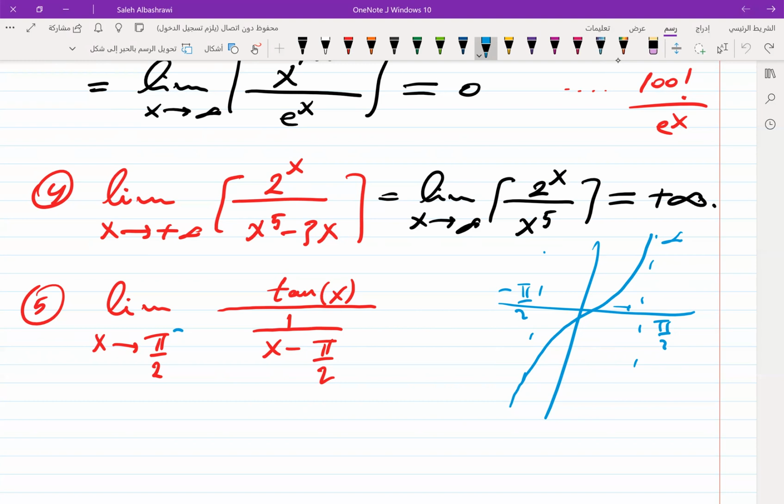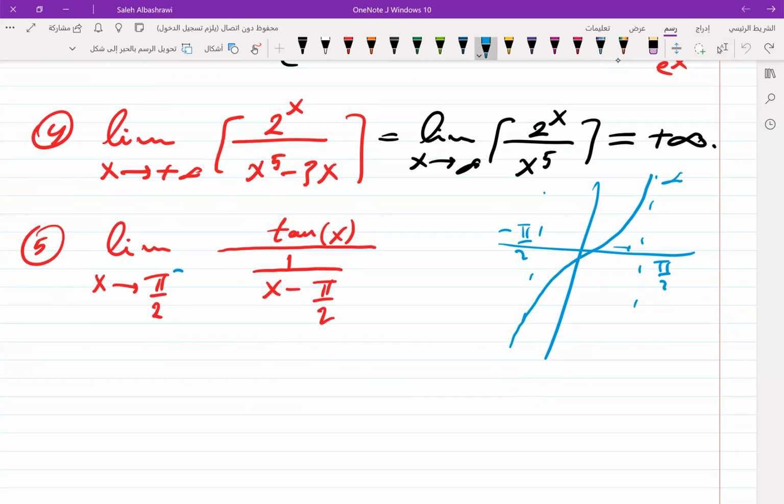This will be infinity over infinity, or infinity over minus infinity, which is an indeterminate form. So we can apply the L'Hopital rule.